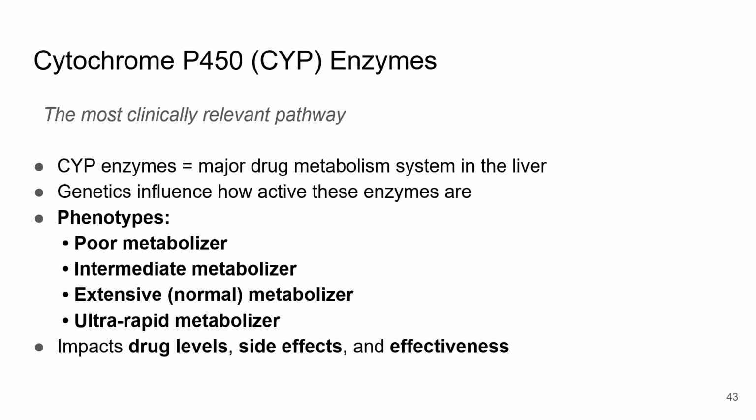Extensive metabolizers are actually considered normal, and most dosing guidelines are based on this group. And then ultra-rapid metabolizers have very high enzyme activity. They clear drugs very quickly, which can lead to low drug levels and reduced effectiveness of the medications.